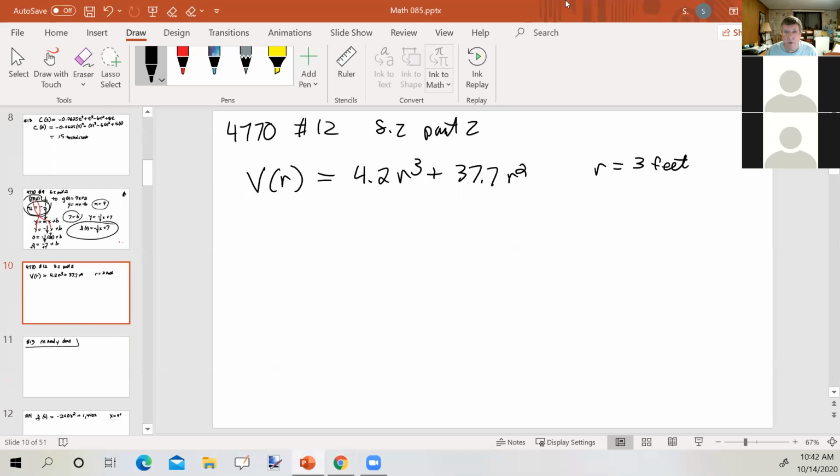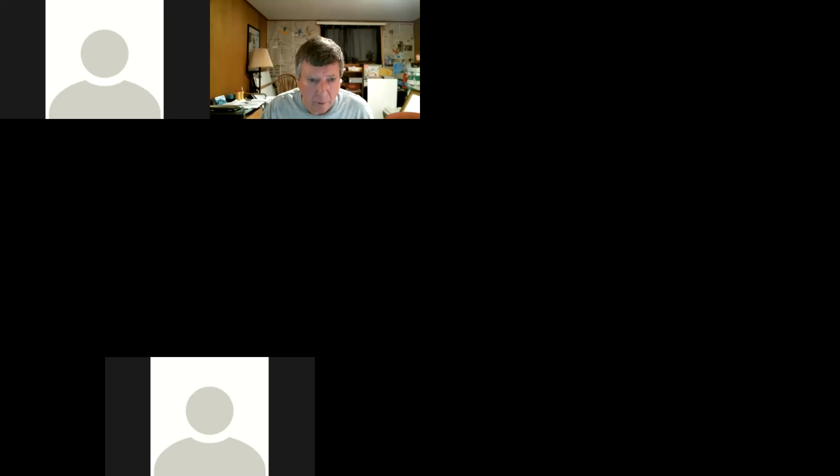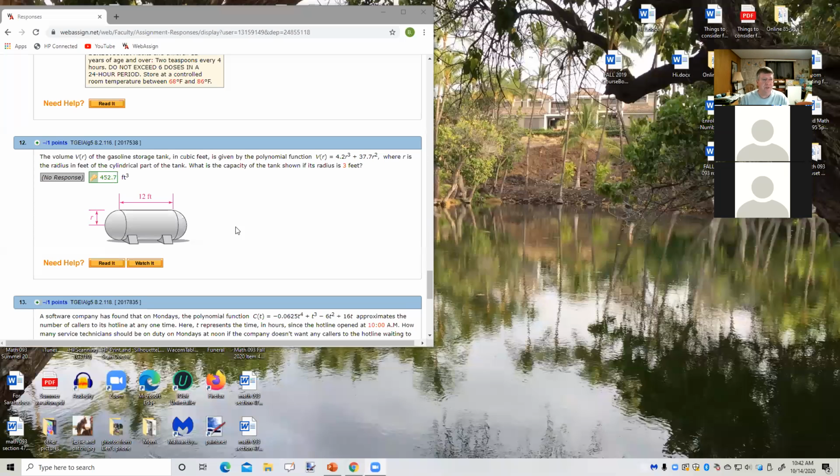Let's take a look at problem number 12. It says the volume V of R of a gasoline storage tank in cubic feet is given by that polynomial function, where R is the radius in feet of the cylindrical part of the tank. What is the capacity of the tank shown if its radius is 3 feet?